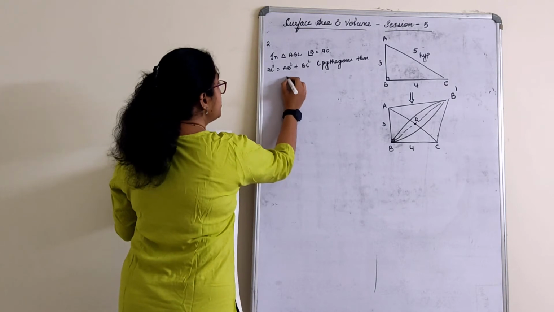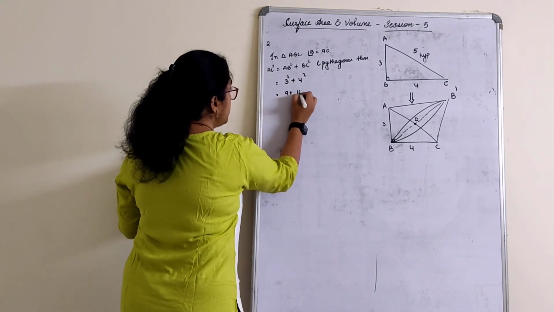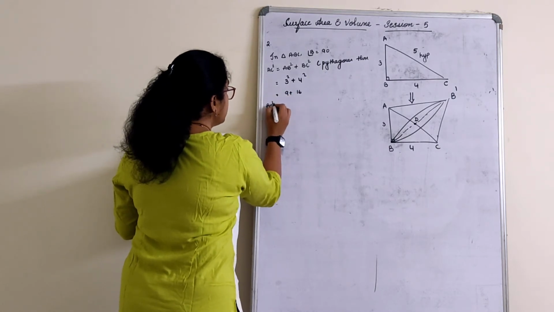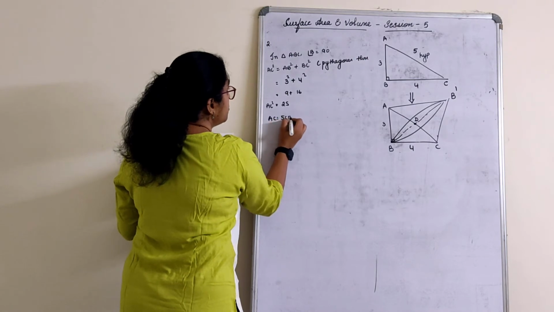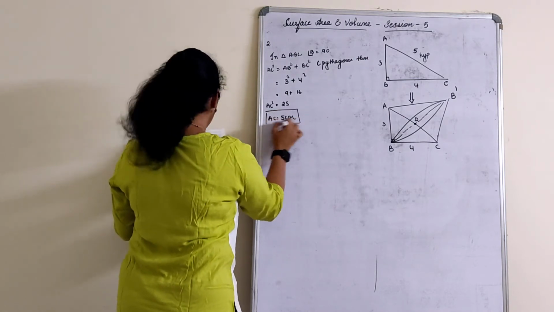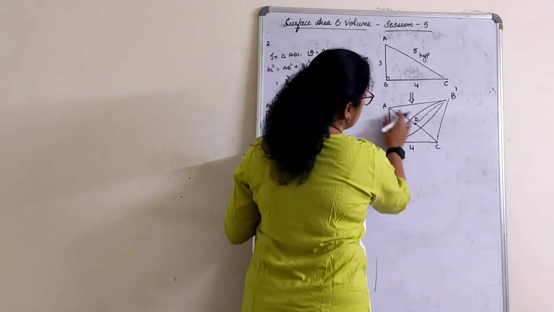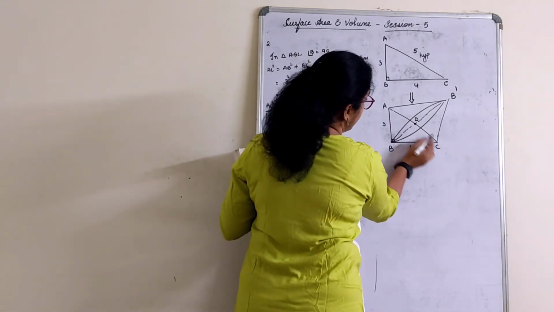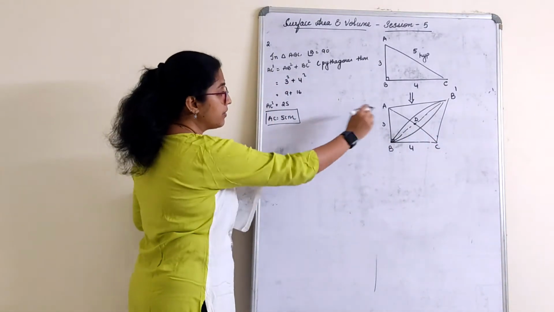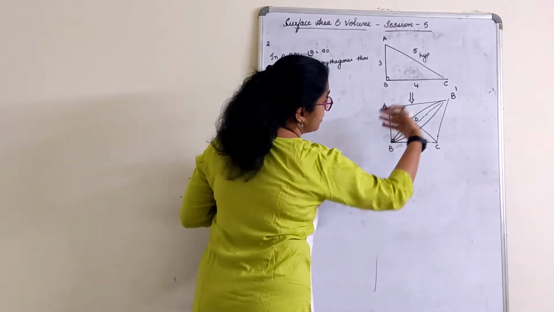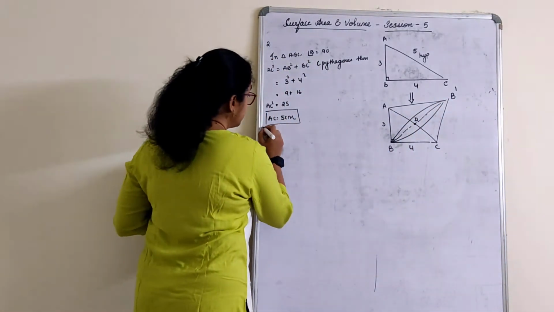AB square is how much? 3 square plus 4 square, 9 plus 16. AC square is equal to 25 and AC is equal to 5 centimeter. So hypotenuse AC is equal to 5 centimeter. This part is 5 centimeter, whole AC. Remember that. Now it is very clear what we have drawn. This hypotenuse, when you rotate, you will get it in this manner. Okay, this part is done.